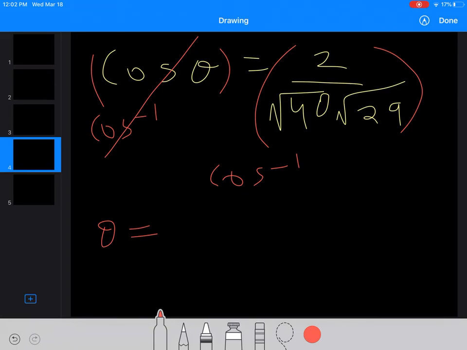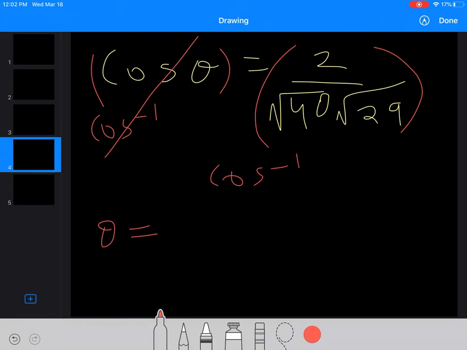Okay, so we'll do cosine inverse, parentheses 2 divided by, let's do parentheses again, square root of 40 and square root of 29.